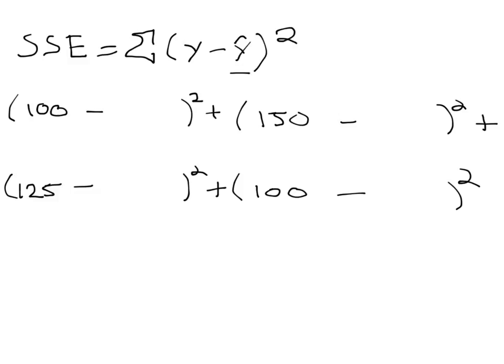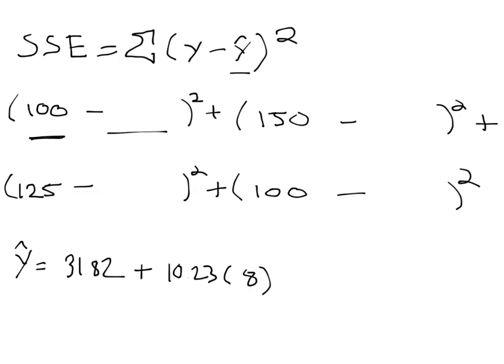So for this first one, it will be the same projection we did before, so 31.82 plus 10.23. But now I'm going to use the x that was paired with this first observation, where y is equal to 100, and x is 8. So I plug the 8 into this equation.